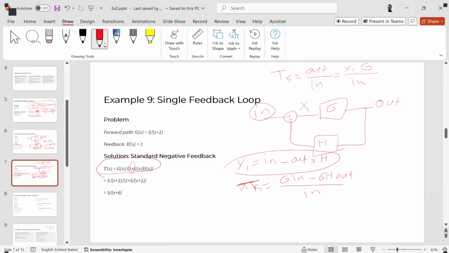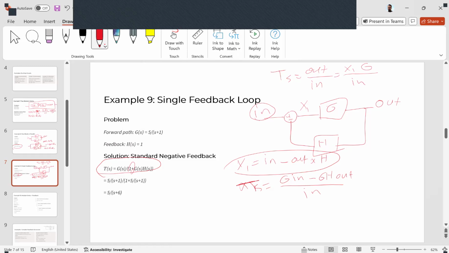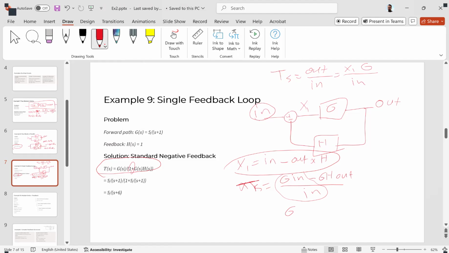G times input minus GH times output. Are we good? Over input. Are we clear? So, if you separate them, this one is simply G, correct? This one is minus GH times output over input.